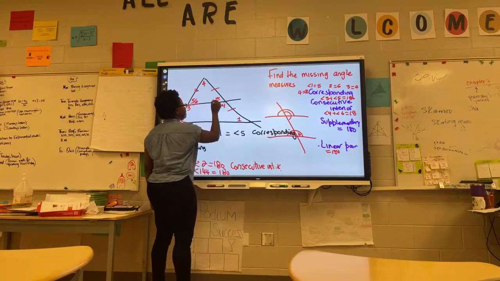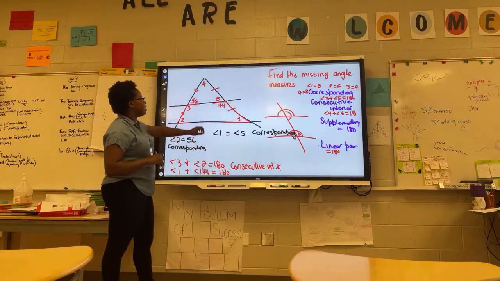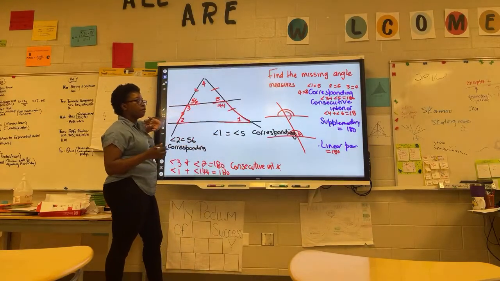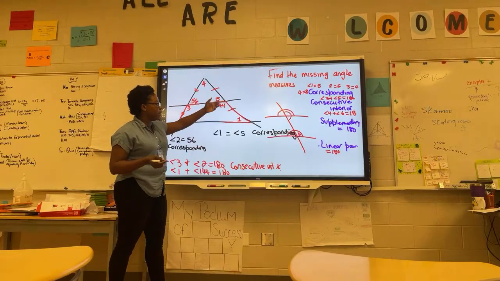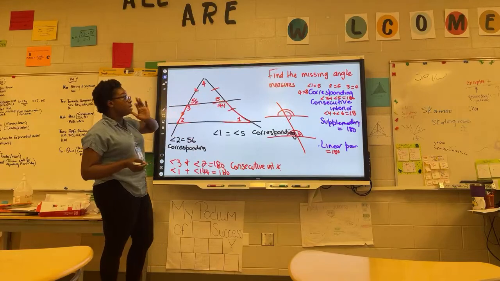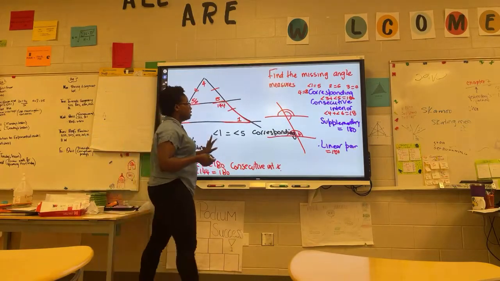Alright? We say that these are co-interior angles. You'll know that angle 5 and angle 4 will be a linear pair, or supplementary, as they form a straight line. So with that concept in mind, we are now going to move on to solving these questions.